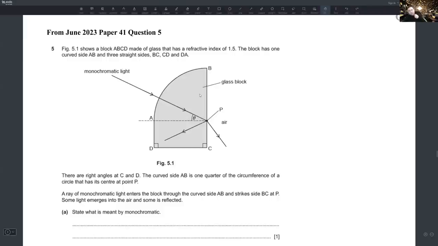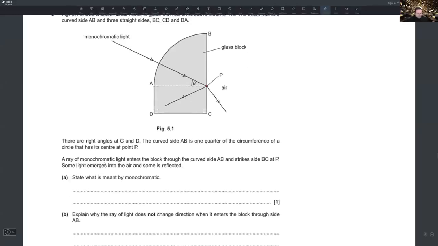The block has one curved side AB and three straight sides AD, DC, CB. There are right angles at C and D. The curved side AB is a quarter of the circumference of a circle with the center at P. This is not just any curve, this is a quarter circle.